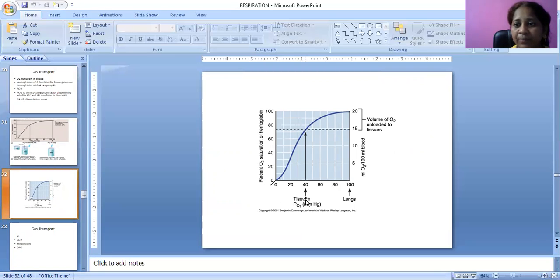The Bohr effect will be influenced by four factors: partial pressure of oxygen, concentration of carbon dioxide, high temperature, and low pH.